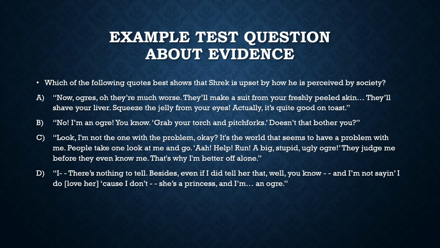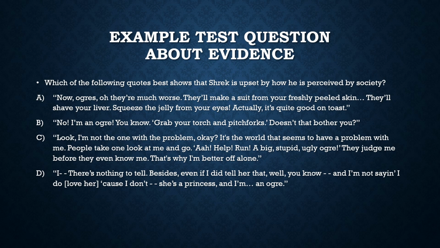You want to know where the quote is coming from, everything, and this would be a prime example of why that's important, because it kind of looks like he might be upset, and he is saying, grab your torch and pitchforks, like that is the way people perceive an ogre, that they should just be killed and stuff like that. But he's not super upset here, and part of the reason I can see that in this quote is that he's saying, doesn't that bother you, when he's talking to Donkey specifically.